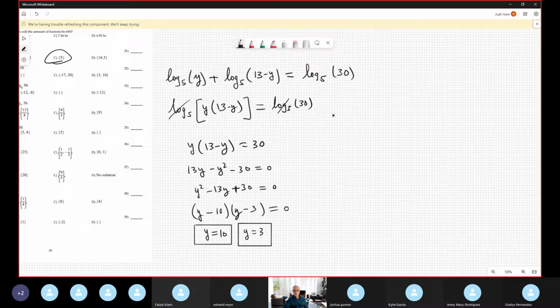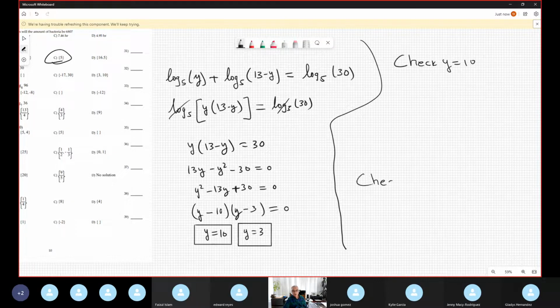You split the paper into parts, you put the checking part for both: y equal 10, and check for y equal 3. In verification, there may be one case no good, or both are good, or nothing is good, there's no solution.